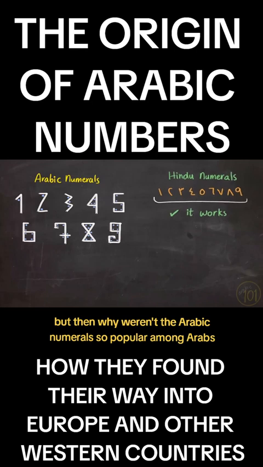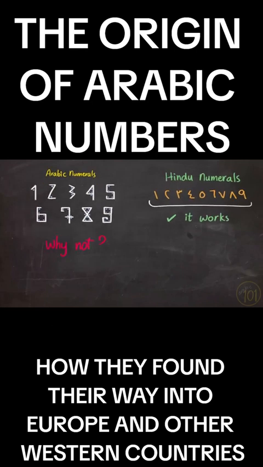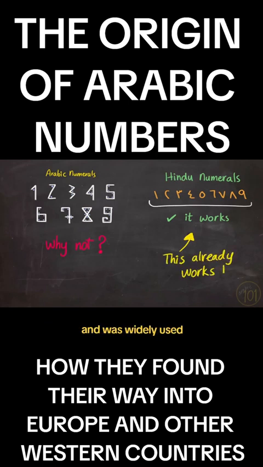But then, why weren't the Arabic numerals so popular among Arabs? Well, first, by the time this system was introduced, Arabs already had a system in place that was widely used, and so they didn't want to change or cause confusion.